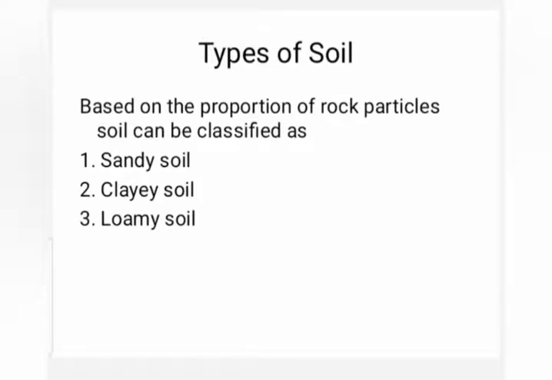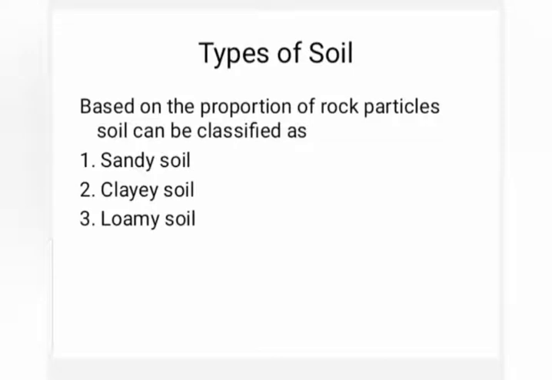In sandy soil, the rock particles are bigger in size, so there is space between the particles. This space between the particles is filled with air. The soil particles or rock particles are loosely packed.